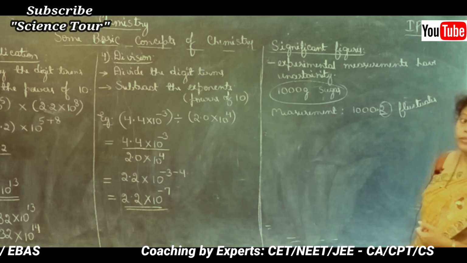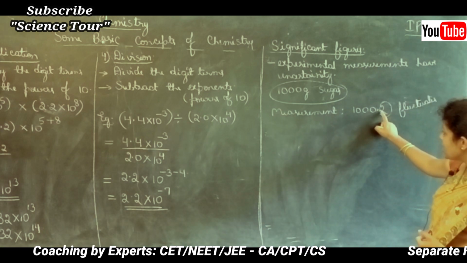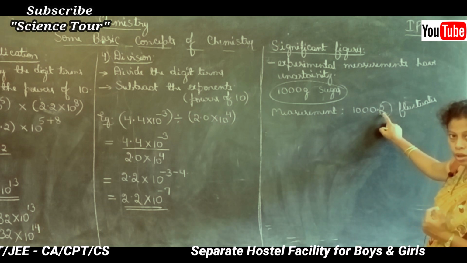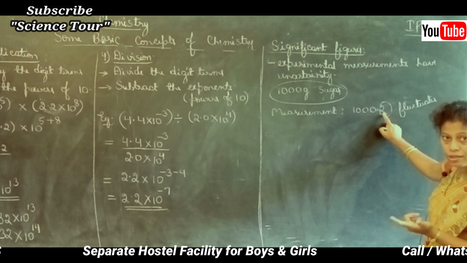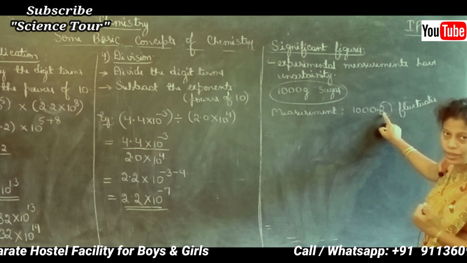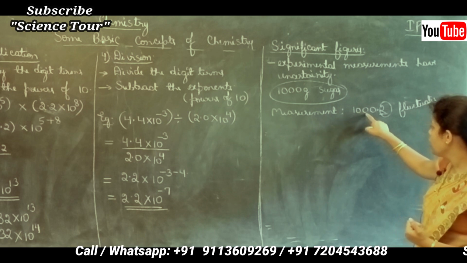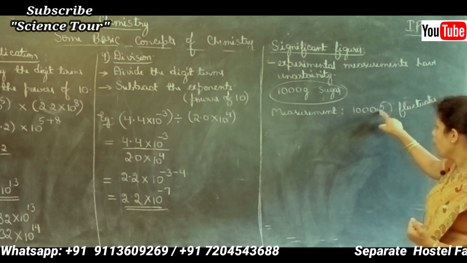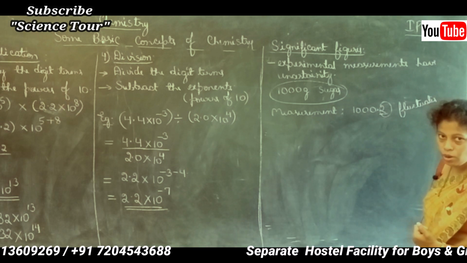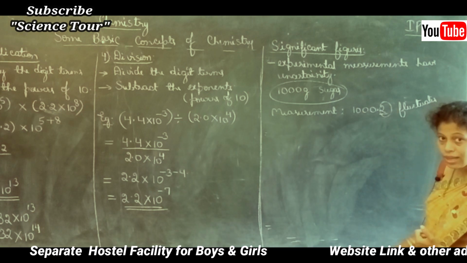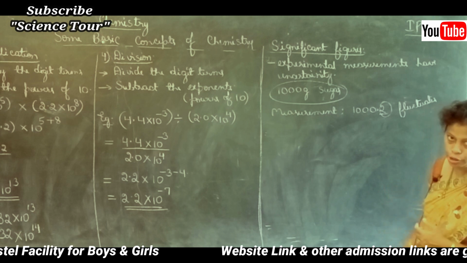You might have observed in the shop, the last digit, once it shows 2, once it appears as 3, or it may appear as 1. So the weight of sugar may be 1000.1 grams or 1000.2 grams. The last digit keeps on fluctuating.